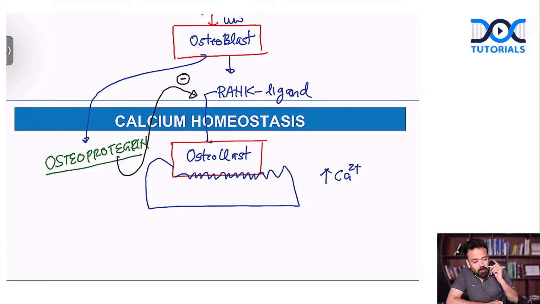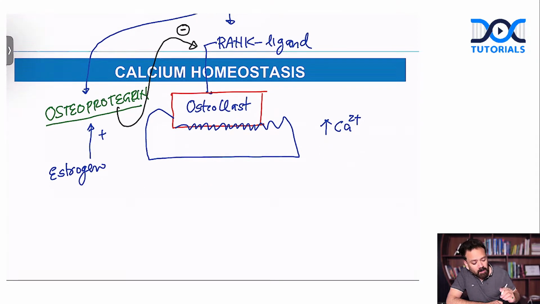But one hormone in female, that is the estrogen hormone, is also playing a role in prevention of osteoporosis. How is it so? Estrogen also activates osteoprotegerin or even directly inhibits RANK ligand. So estrogen also inhibits RANK ligand via osteoprotegerin. So it is preventing osteoporosis.